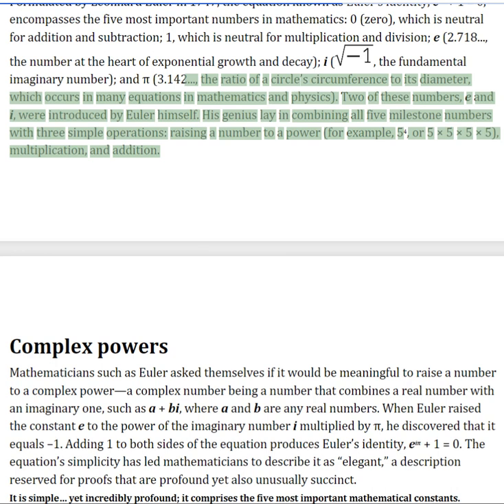His genius lay in combining all 5 milestone numbers with 3 simple operations: raising a number to a power, multiplication, and addition.